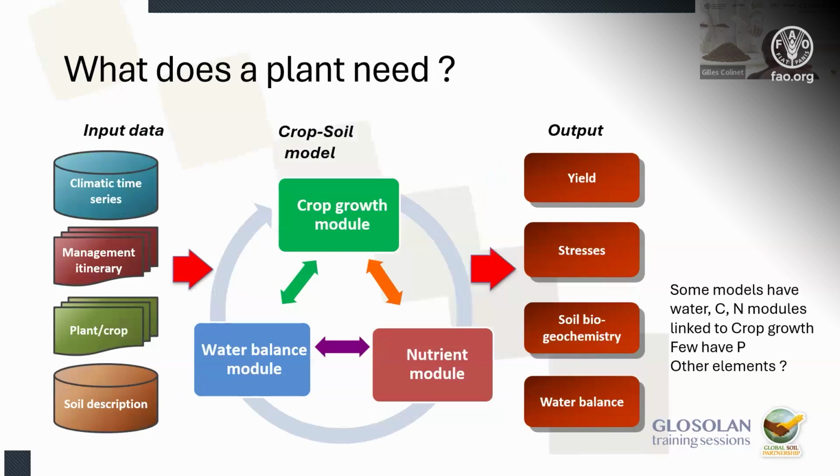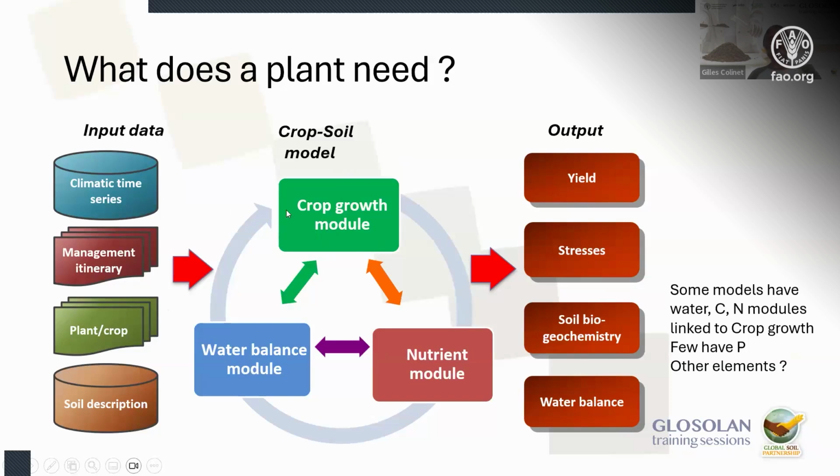This is an example of the STICS model. So they try to modelize the evolution of the crops, and they need some input data such as climate, management itinerary, the plant and the crop and the soil.